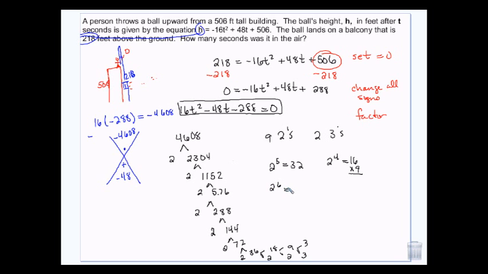So what if I do 2 to the 6th? That's 64, which leaves me 2 to the 3rd, which is 8 times 9, which is 72. And that's too close together, because the difference between 72 and 64 is 8.